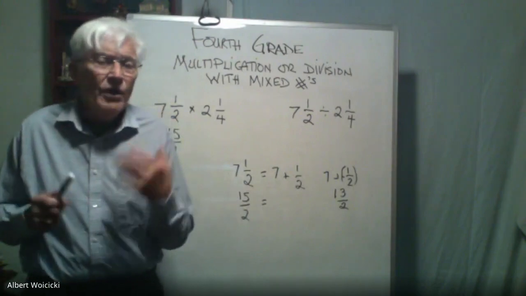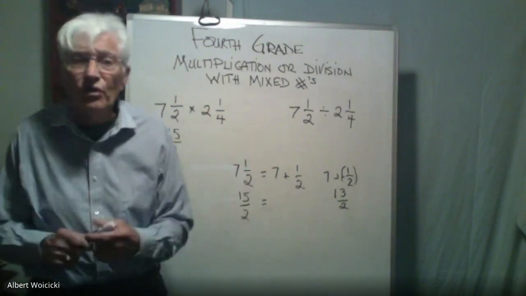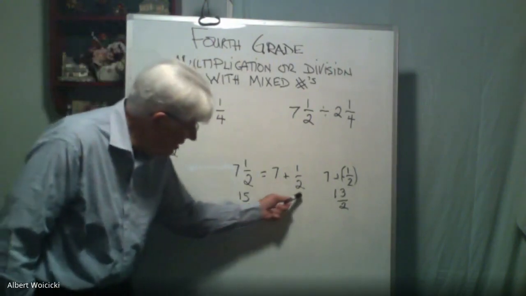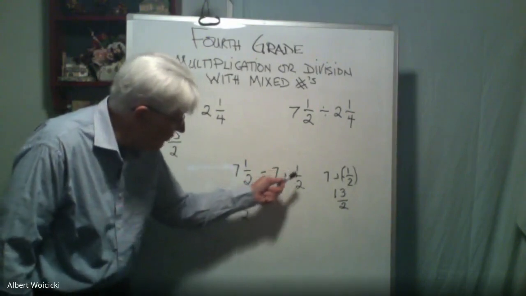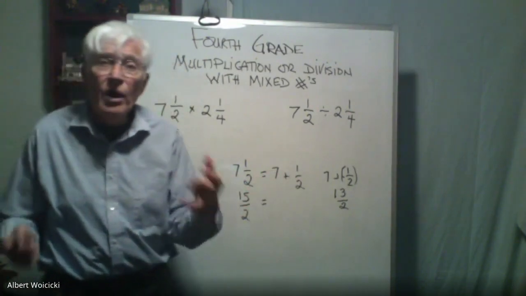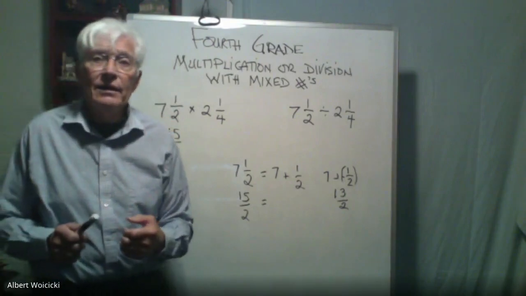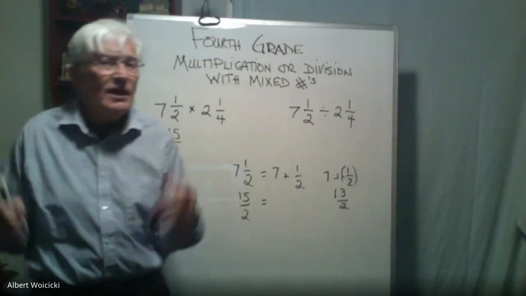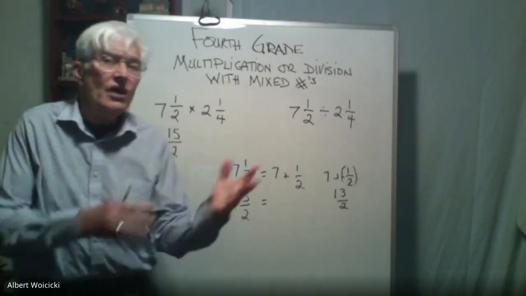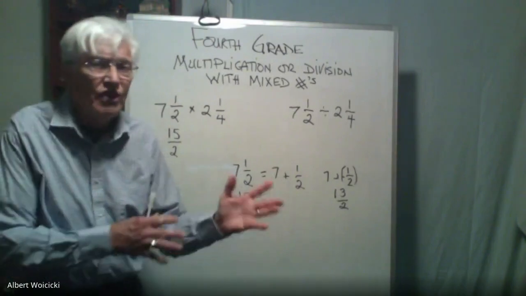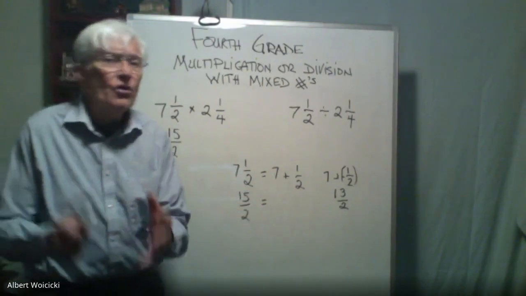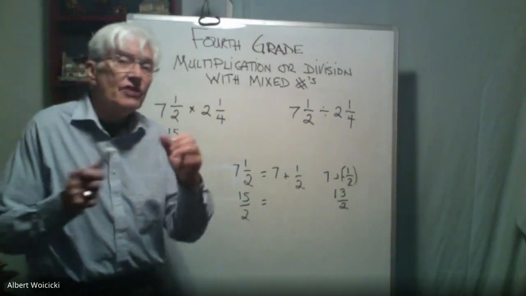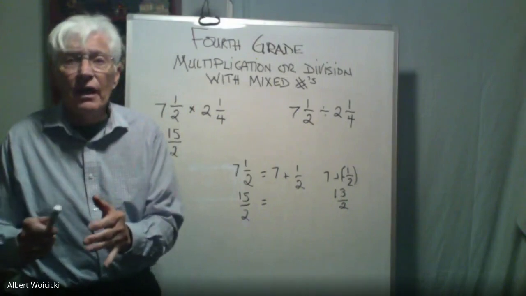And they're not going to have to go, oh my goodness, what do I do with this? Because they know 2 times 7 is 14 plus 1 is 15. They know that they can do that. And this is something you have to give them. Give them that power. Don't just pass it through. Don't just ignore it. Make sure that they recognize that they have that ability, because it's going to be really important later on in their career.